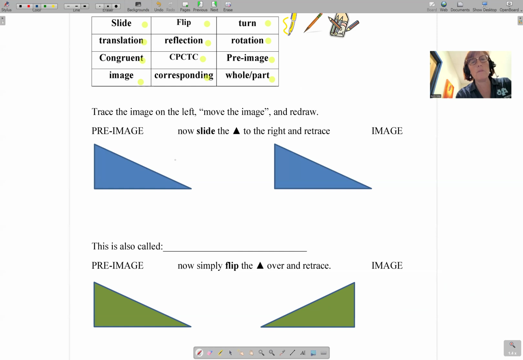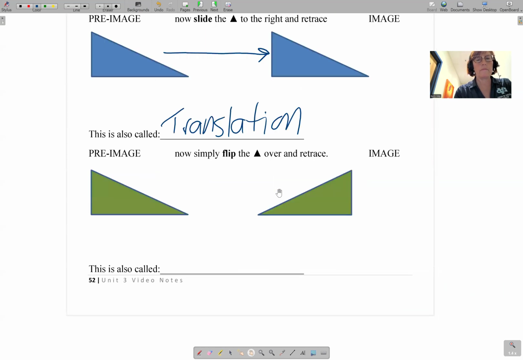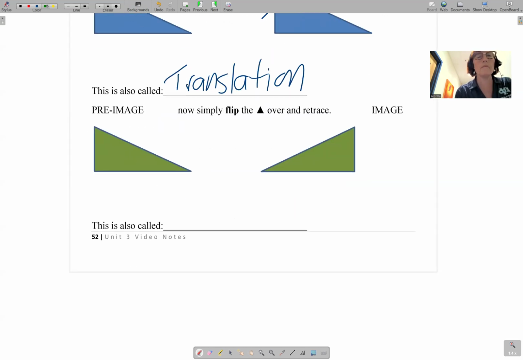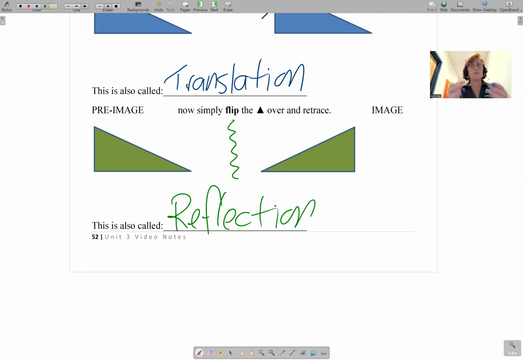So when you take an image and you just slide it to the right, that's called translation. When an image is reflected like a mirror down the middle, that's called reflection.